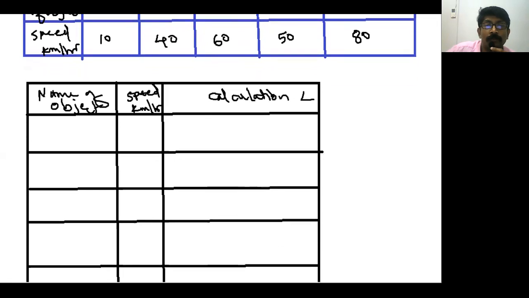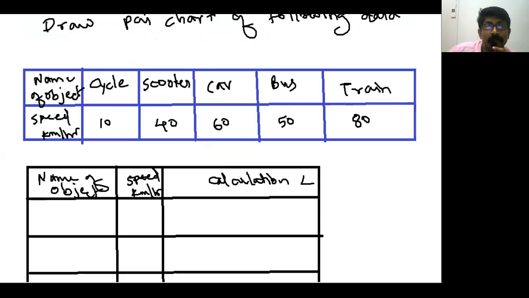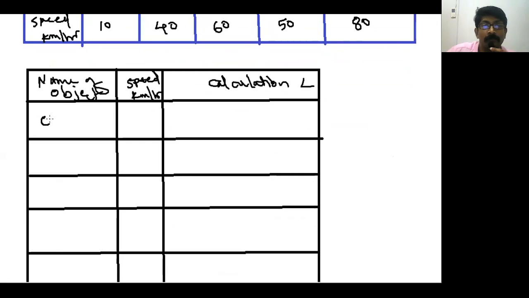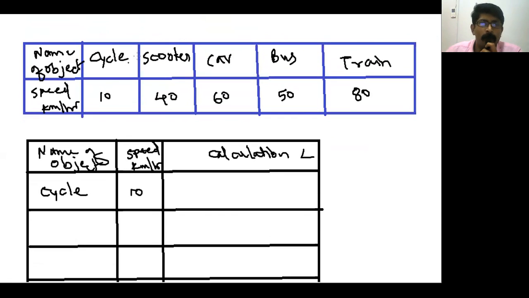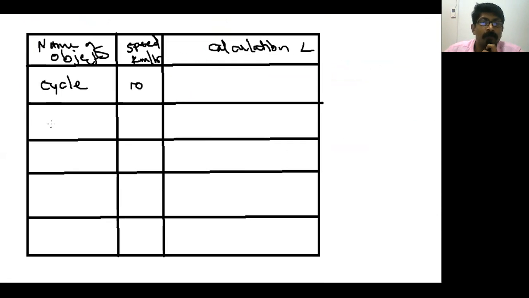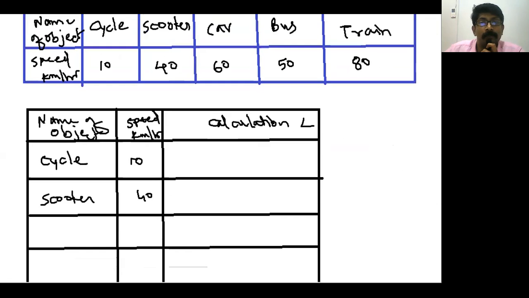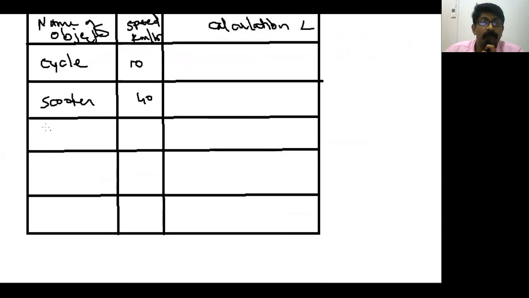The first object over here is cycle. So we know the cycle speed is given as 10. And then we'll just copy all of this: scooter, car, bus, train over here. Scooter is say 40, then there was car, bus, train. So then you write car, bus, and train.